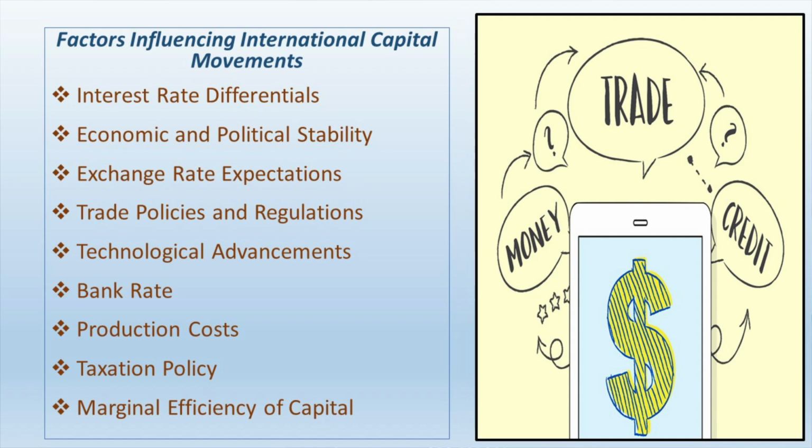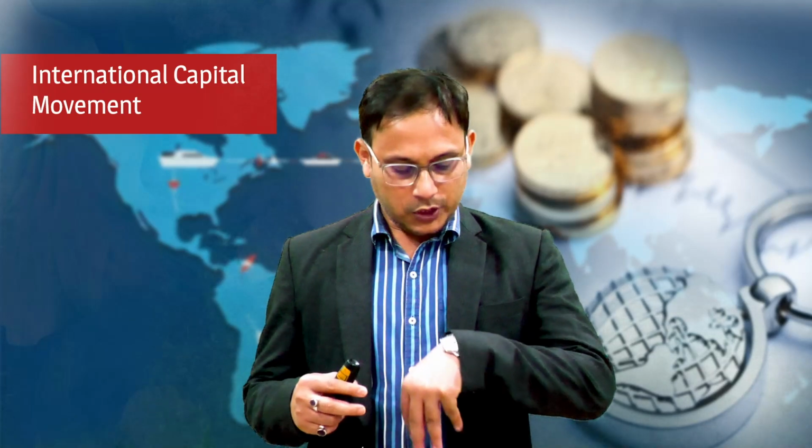Now, another important factor of capital movement from one country to other countries is the production cost. This is because capital movement depends on production cost in other countries. So that is why in countries where labor, raw material, etc. are cheap and easily available, more private capital flows into those countries.